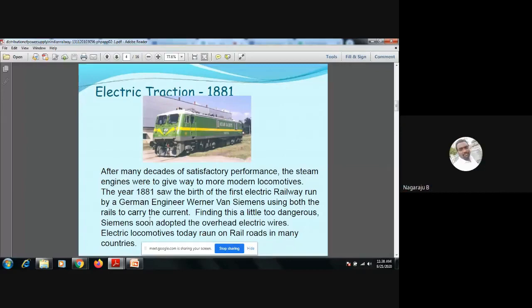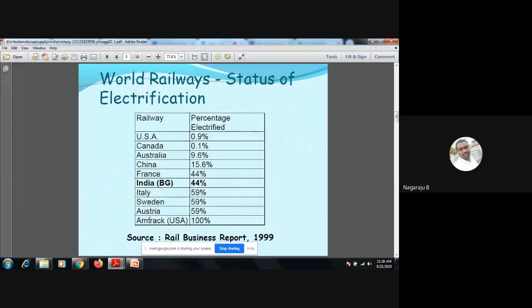India's electrification is 44%. When you look at others, Italy 59%, Sweden 59%, Australia 59%, Amtrak 100%.